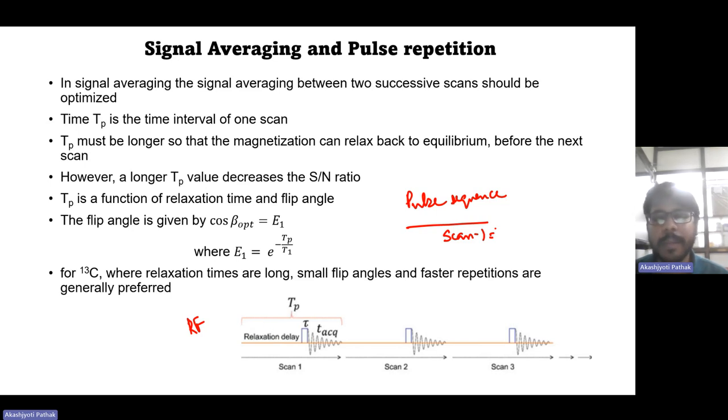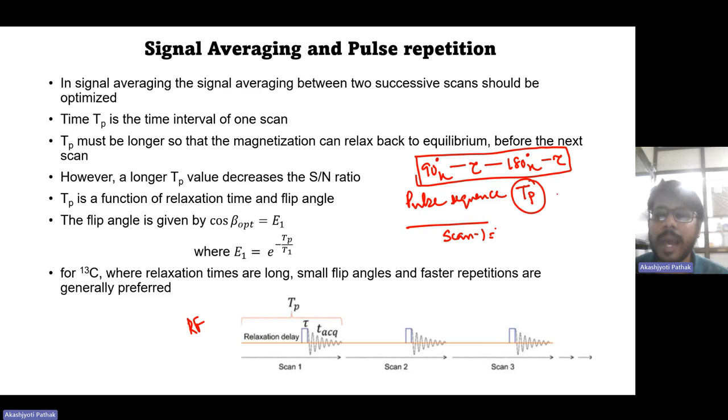For example, as we had seen in spin echo, we give a 90-degree X pulse, then a delay of tau, then a 180-degree X pulse, and then another tau. The entire time required for this pulse sequence is given by TP.